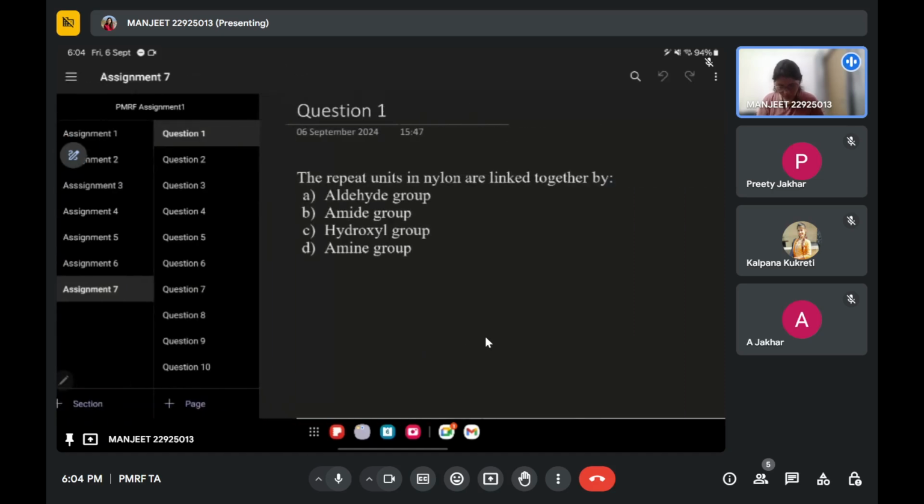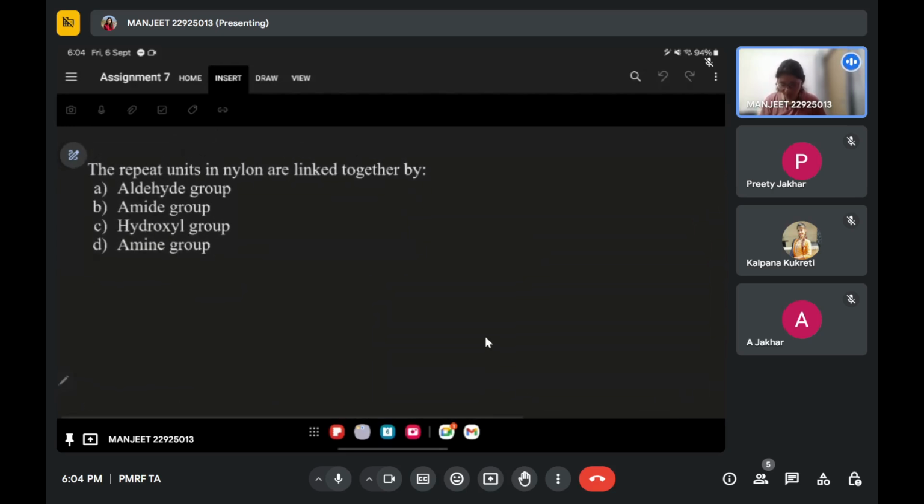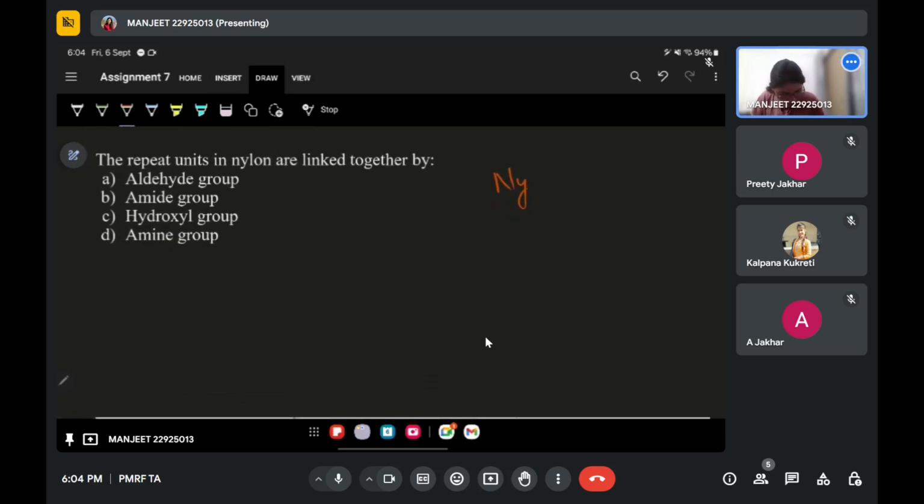Moving to question number 1: what are the repeating units in nylon linked together by? Basically, we all know that nylon is a polymer, and if it is a polymer, it has repeating units.